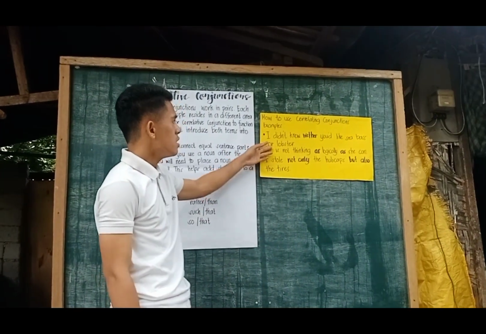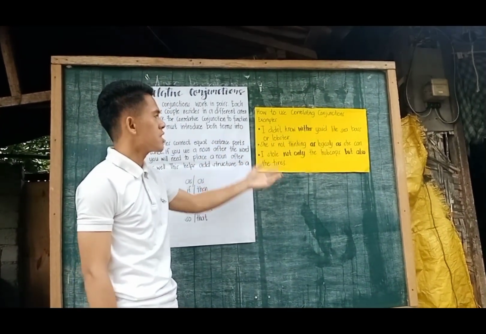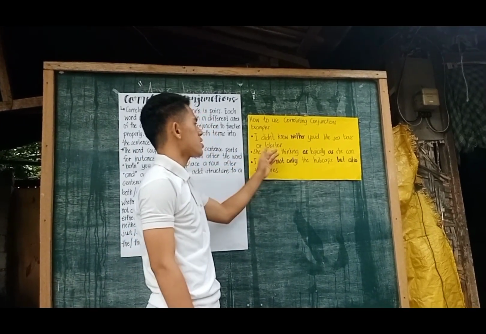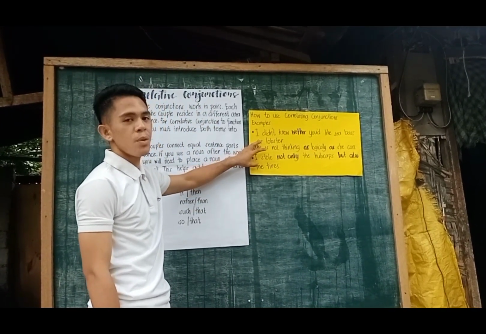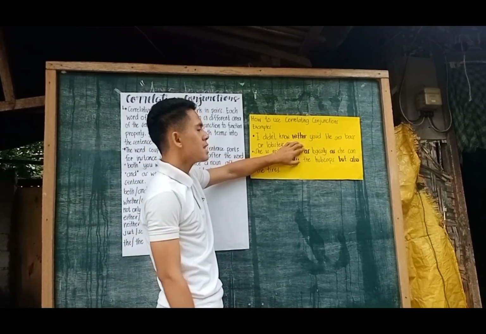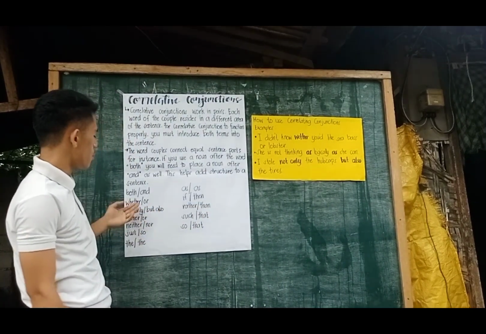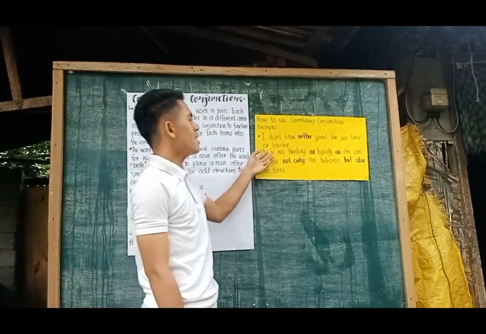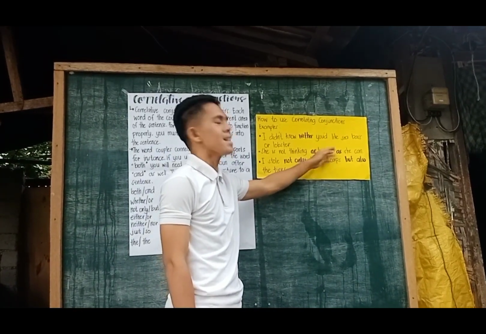So how do we use correlative conjunctions? Here are the examples. I didn't know whether you'd like sea breeze or lobster. The correlative conjunction here is whether, or. She is not thinking as logically as she can.